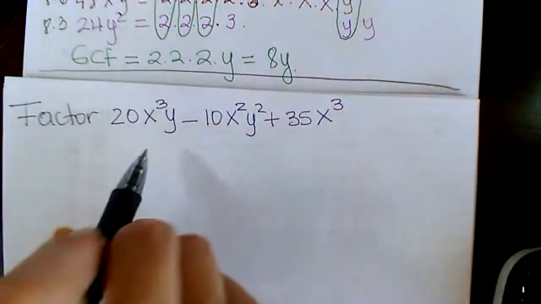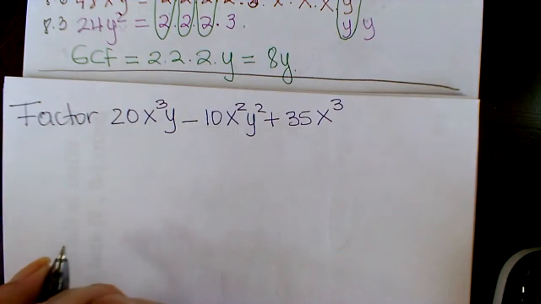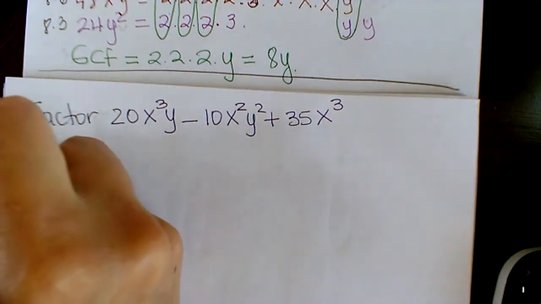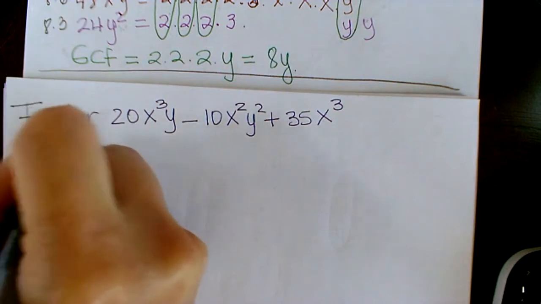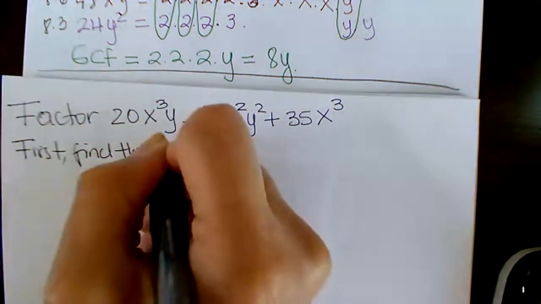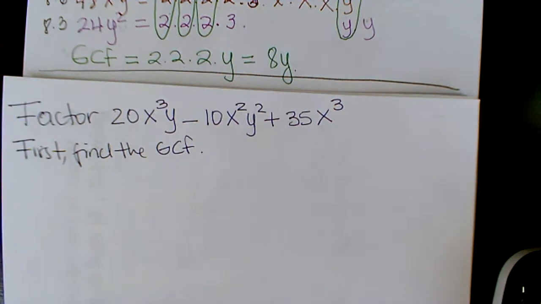Isn't it 20? Yeah. So first, we're going to find the GCF, greatest common factor. So let's do that.